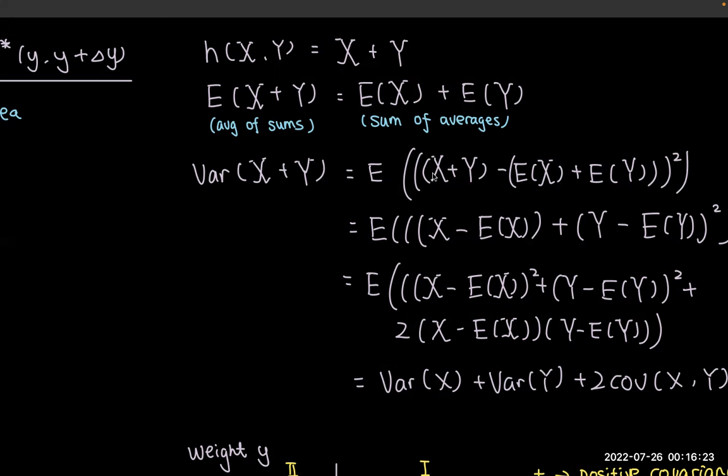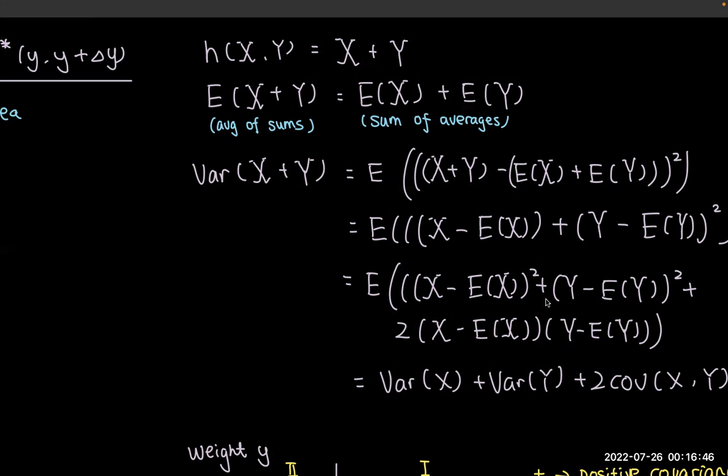We can then regroup this into x minus EX plus y minus EY, and then you square it. So now you have the square of the summation of two terms. You get the square of the first term, plus the square of the second term, plus 2 times the first term times the second term. And then you compute the population average.